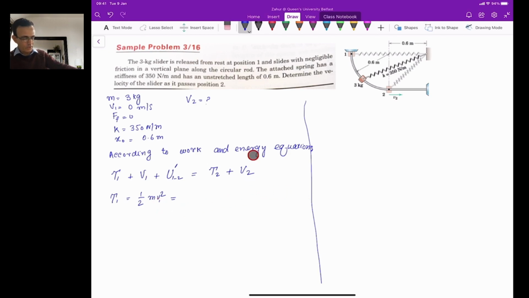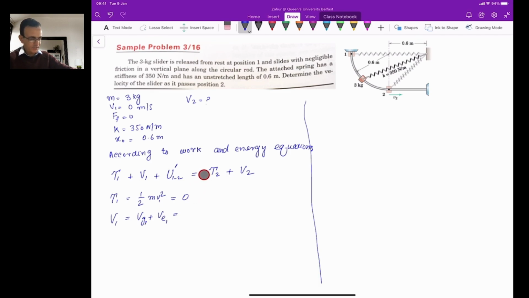Because the initial velocity of the body is 0, this means that T1 is equal to 0. Now this capital V1, which is the potential energy at this position here, will be equal to Vg plus Ve. So Vg is the gravitational potential energy and Ve is the elastic potential energy at position 1.